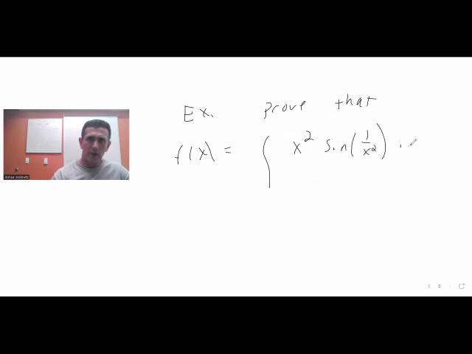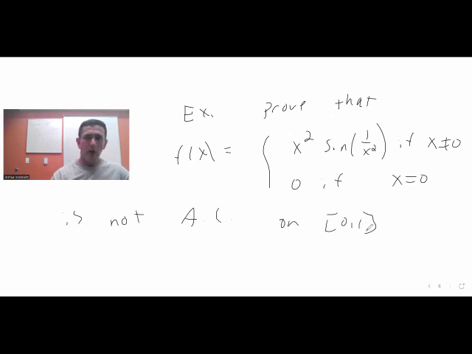I'll write down the example. Prove that f of x equals x squared sine of 1 over x squared if x does not equal 0, and 0 if x equals 0, is not absolutely continuous on 0 to 1.